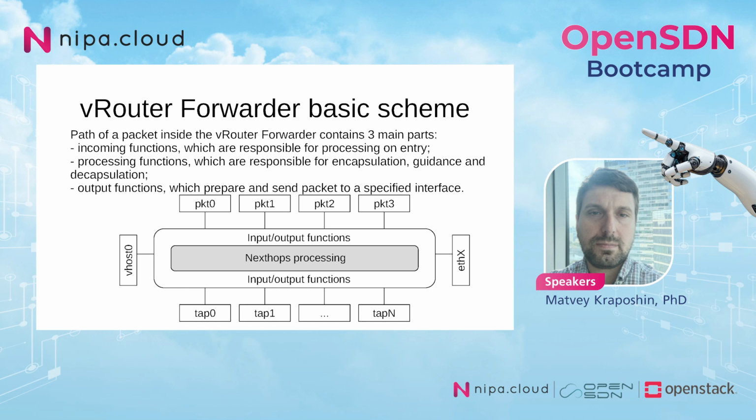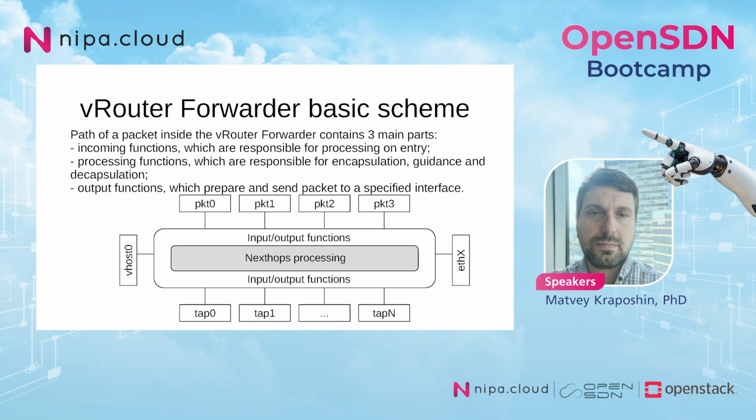And vRouter forwarder itself can be represented like an onion or something layered. At its core, we see next hop processing functions. These functions process packets according to instructions in headers.